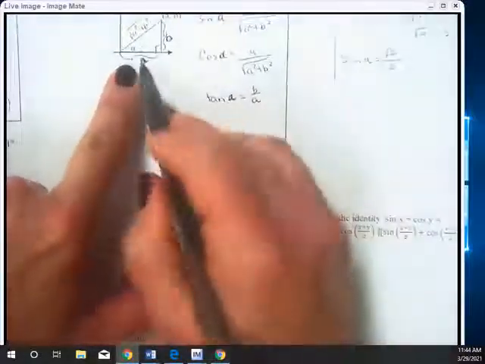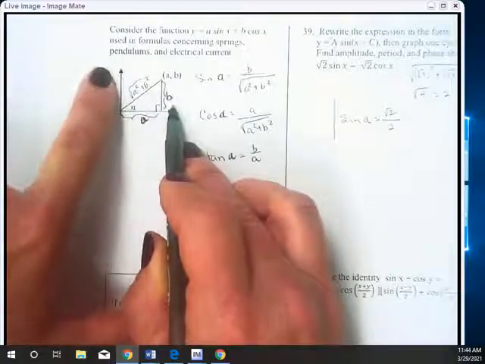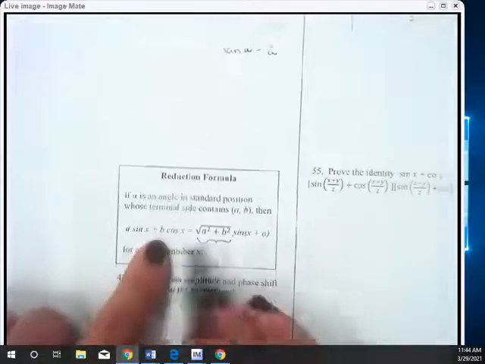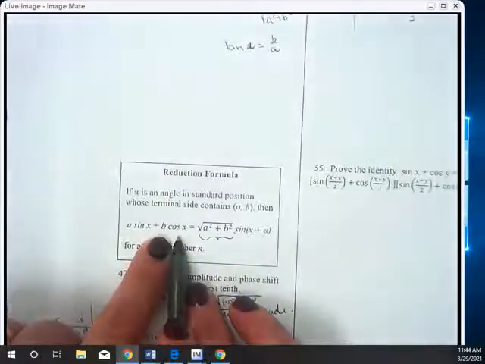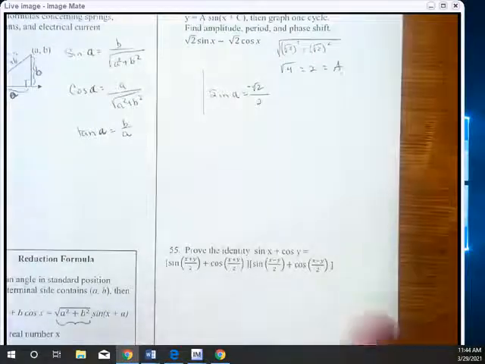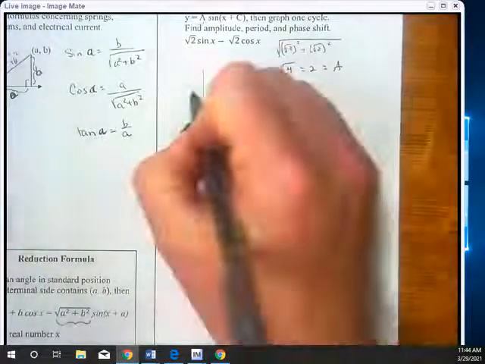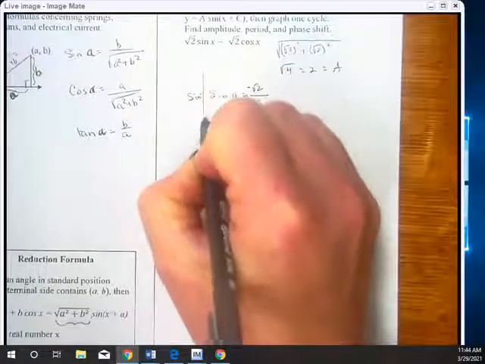Why? The sine is opposite, which is the B value, over the hypotenuse. The B value is the one that's in front of the cosine. So it is a negative. All right, now, how do you undo a trig function? Arc sine.